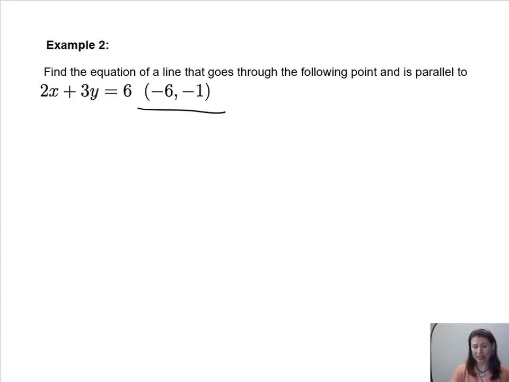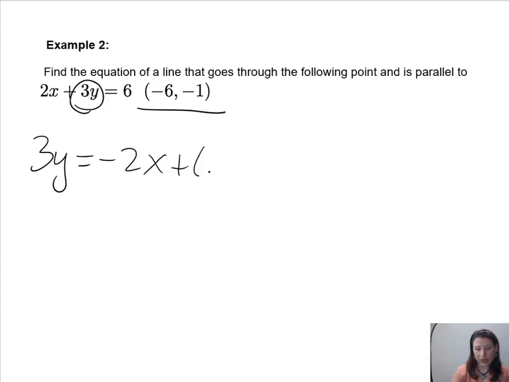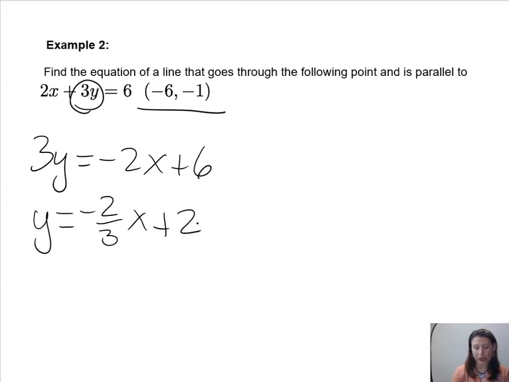So let's solve this for y because that's the easiest way of telling the slope. So remember, we want to isolate the y term and then isolate y. So 3y will be equal to negative 2x plus 6, divided by 3. Again, doing it individually term by term. So y is equal to negative 2/3 x plus 2.